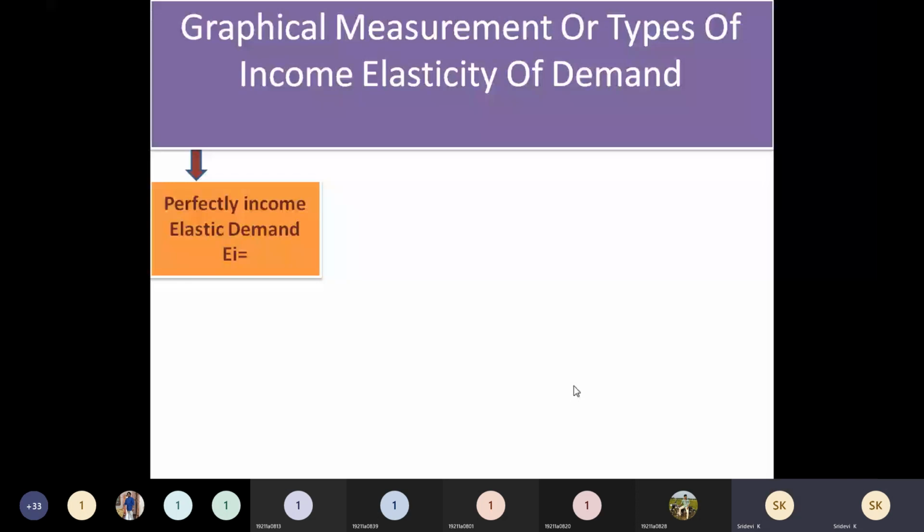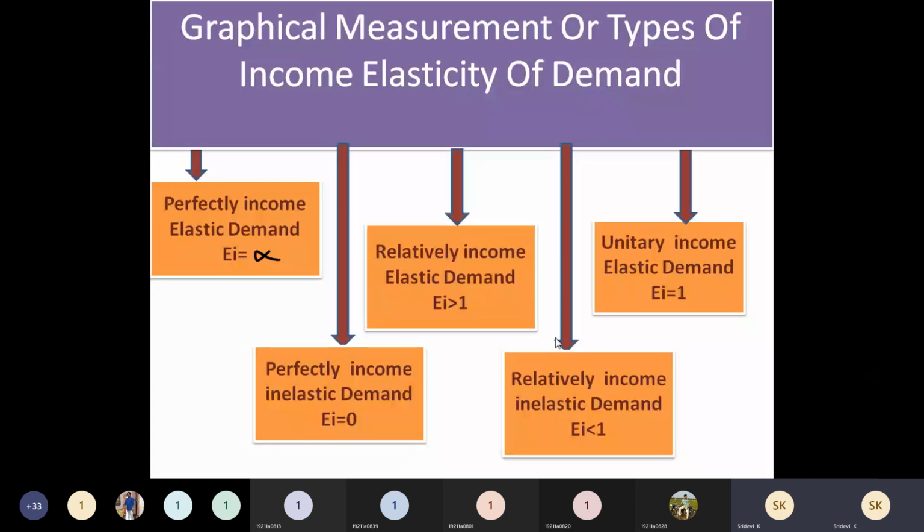And relatively income inelastic demand, in case of inelastic demand, EI is less than 1. Same, nothing different from price elasticity. Only the representation is different: instead of EP, you represent it here as EI, and you name income in between to identify that this is the income elastic demand related measurement. Okay.